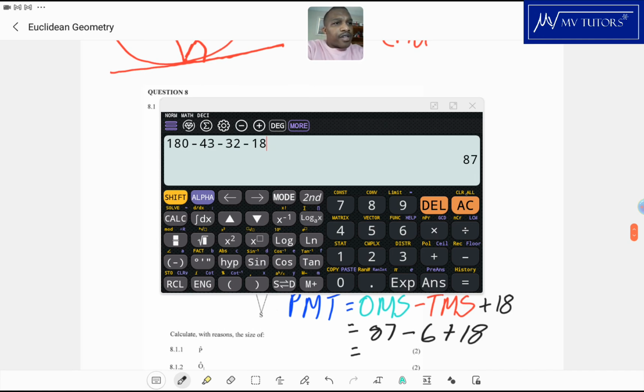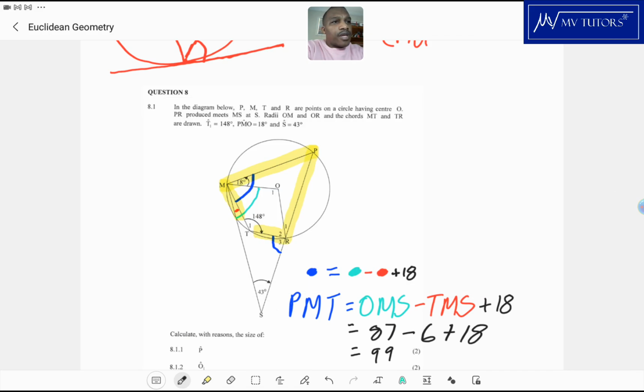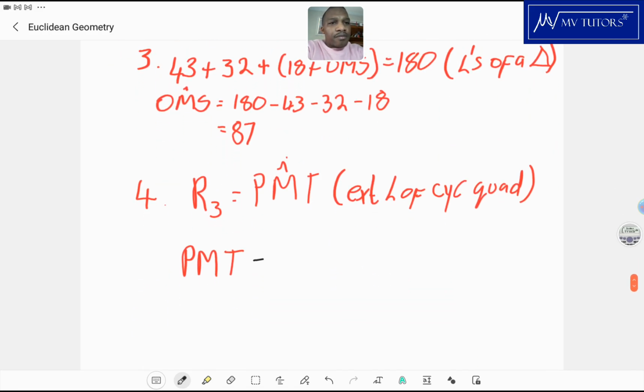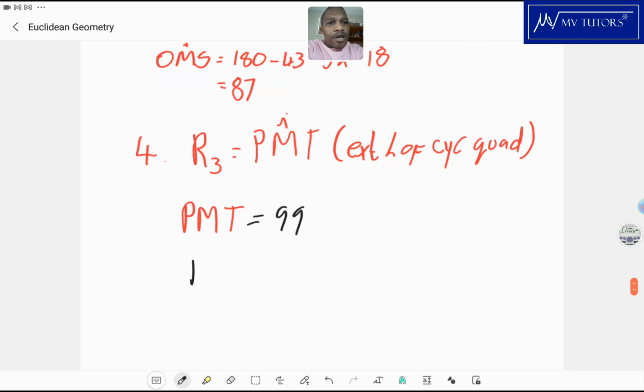We already have 87, but let me clear it. 87 minus 6 plus 18 is going to be equal to 99. So we can conclude that if PMT is equal to 99, then the angle R3 is equal to 99 as well.